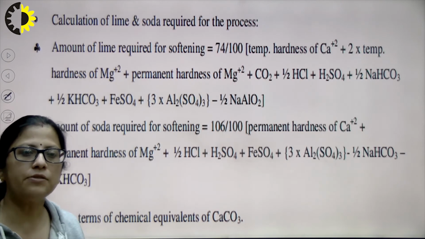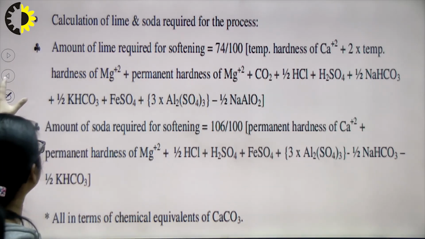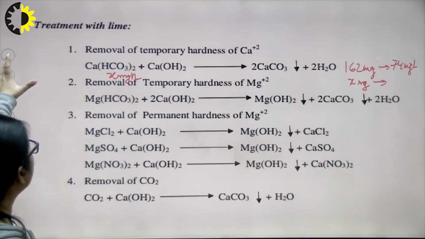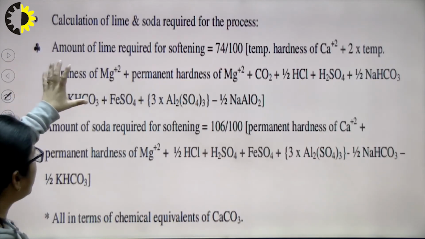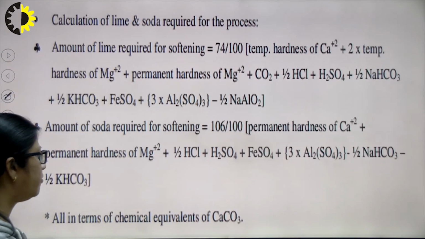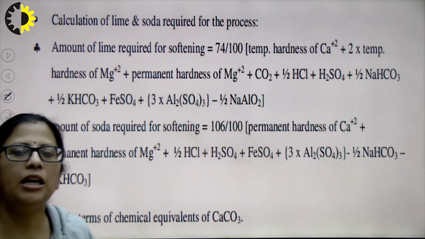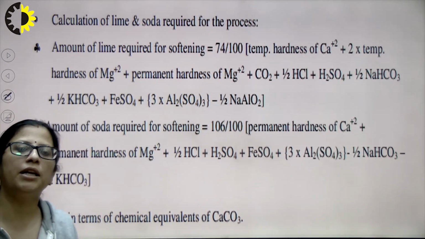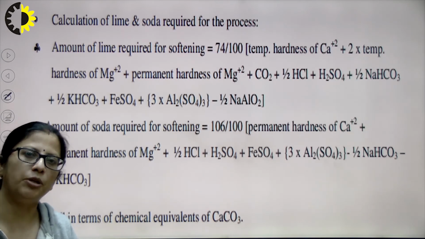All these requirements have been calculated from the previous equations wherever they are required. According to their requirement, we have put them in a concise equation form, and all these are in terms of chemical equivalents of calcium carbonate, after converting them into the chemical equivalents of calcium carbonate.